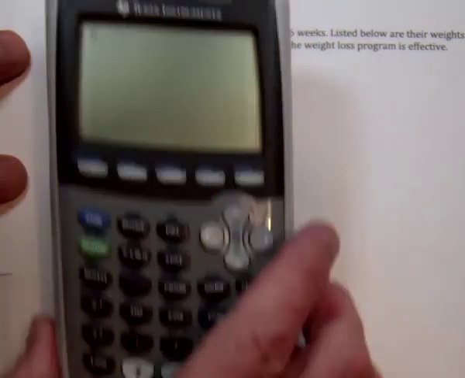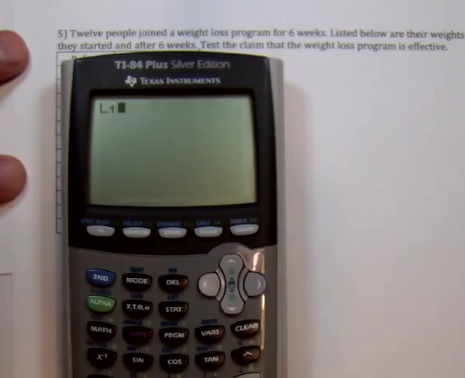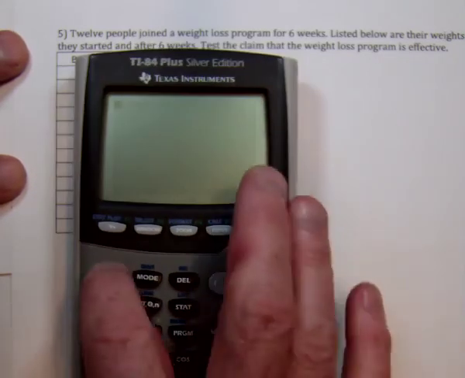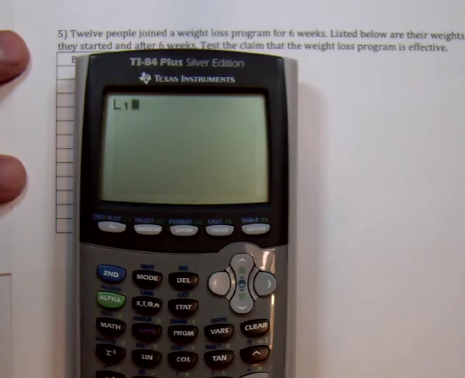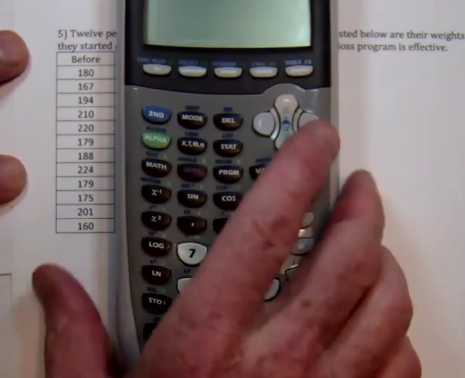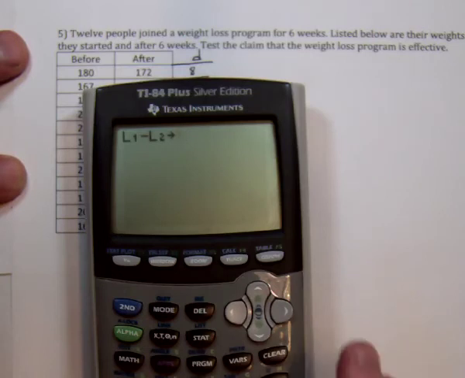So you just have to put second, list 1, minus second, list 2, and then store that in list 3. And store is right over here on the left. So store that, second, list 3. And then you'll see the numbers.